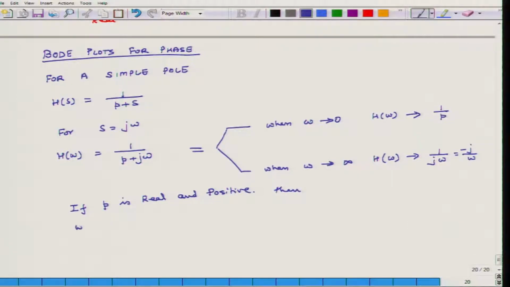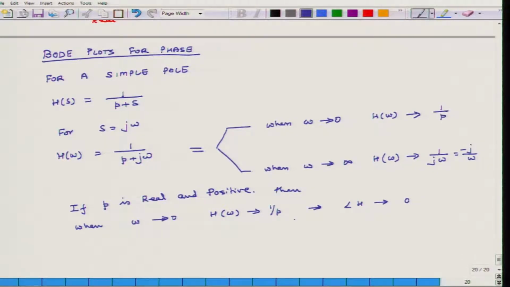then when omega approaches 0, we know that H of omega approaches 1 over p, which means the phase of H approaches 0 radians.